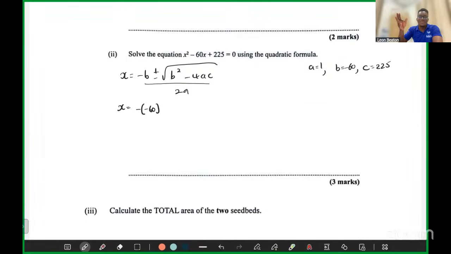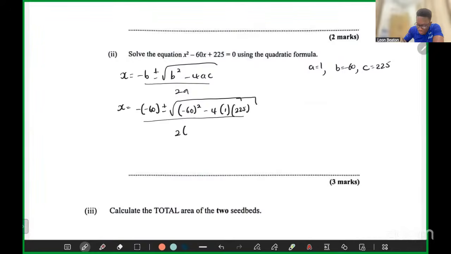It's negative b, and b is negative 60. So it's negative, negative 60 plus or minus the square root of b squared, which is negative 60 squared, minus 4 times a, a is 1, times c, which is 225, all over 2 times a, which is 1.